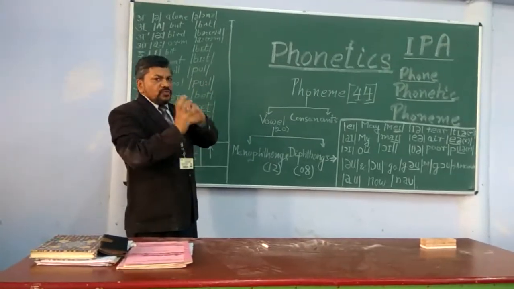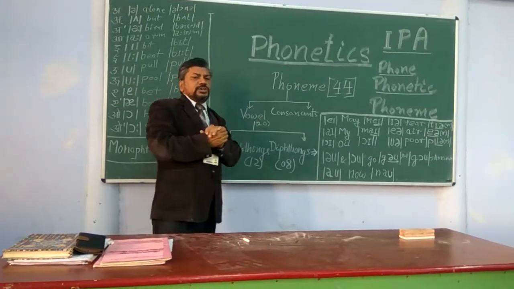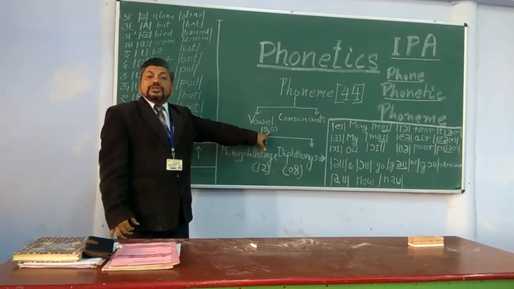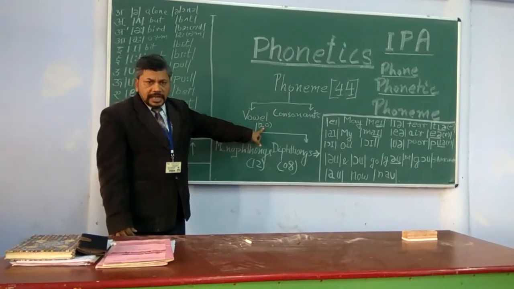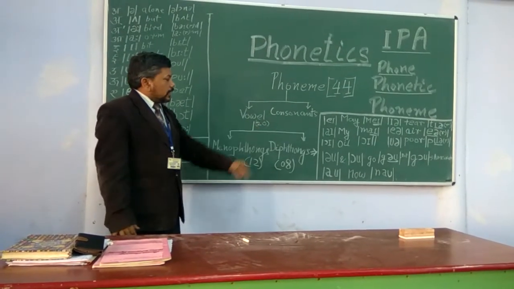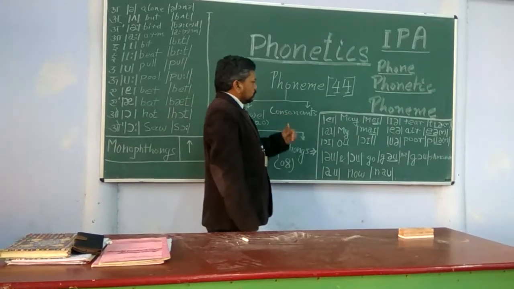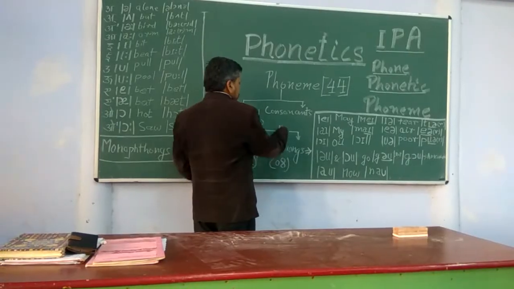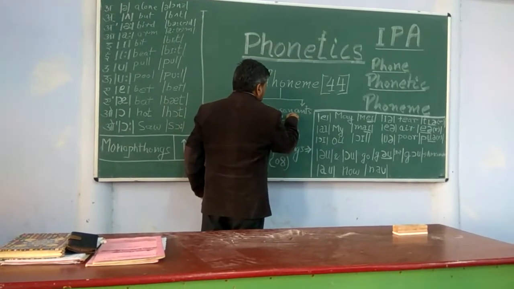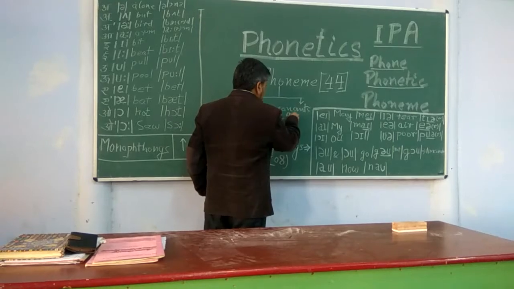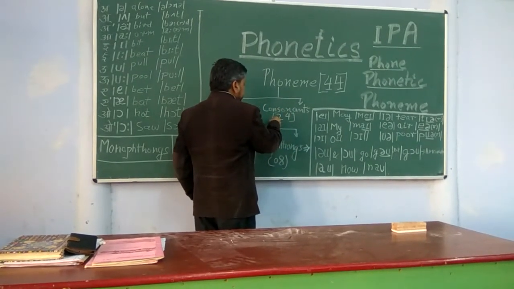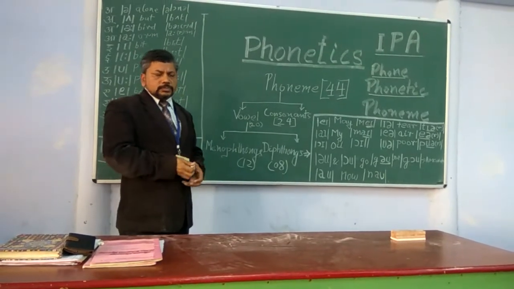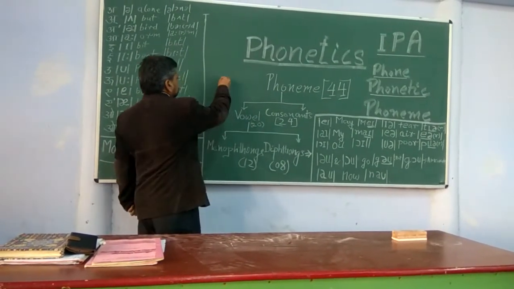But those 5 vowels represent 20 sounds in spoken language. And similarly, those 21 consonants represent 24 distinctive sounds.